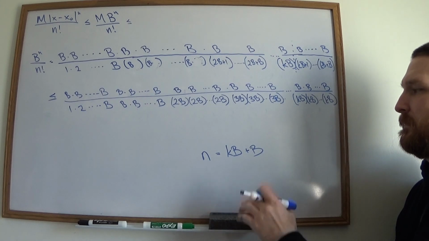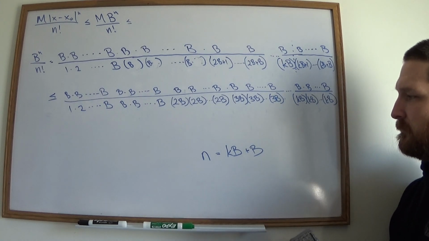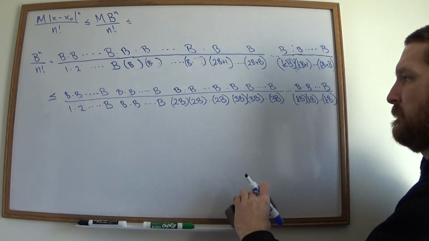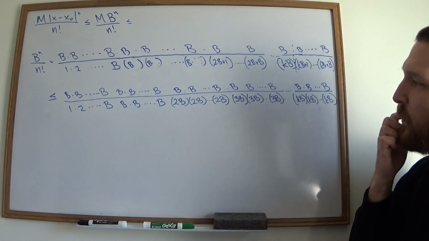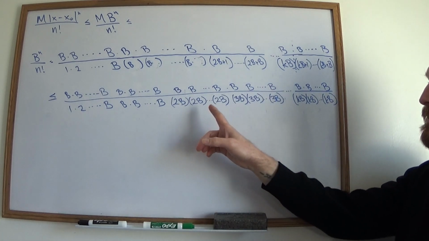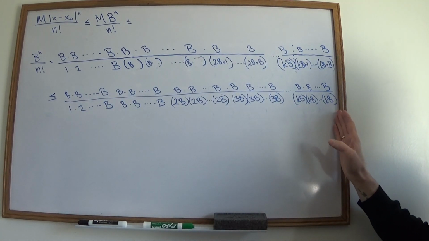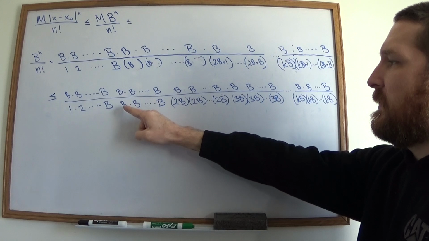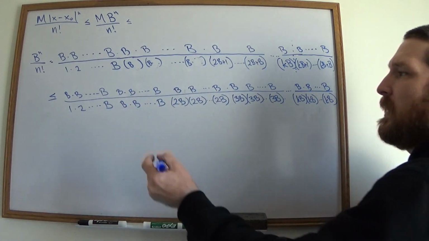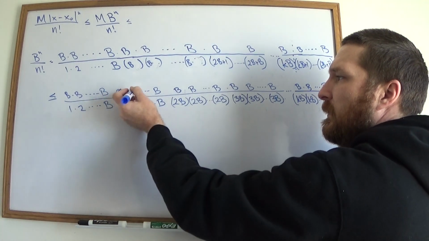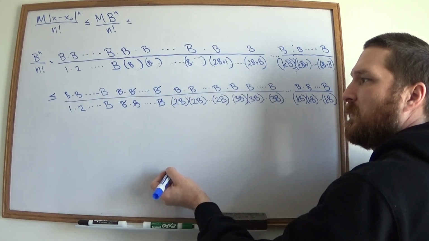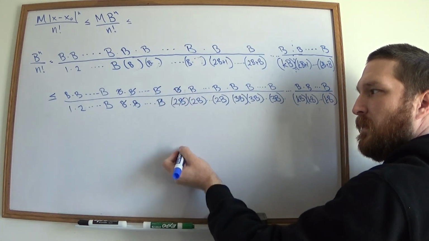Now, let's see what we can do. What's really nice is we can see, at least from here on, that one of these b's cancels out with one of these. This cancels with that. This cancels with that. This cancels one of those.